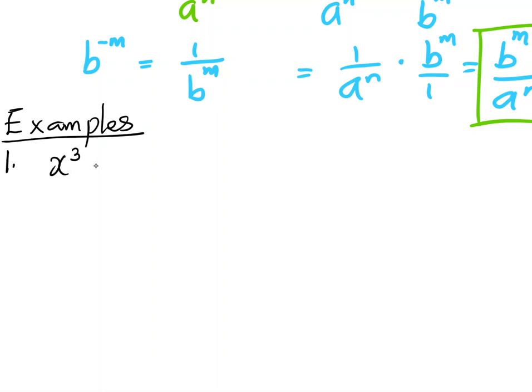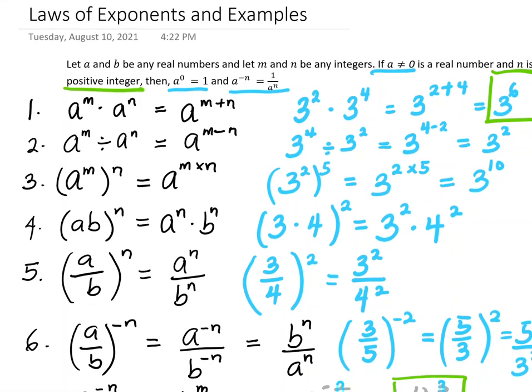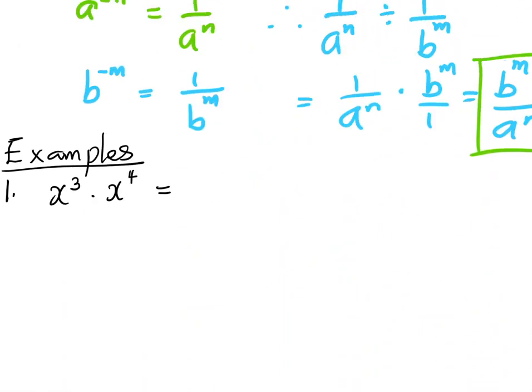Suppose we have x raised to the power of 3 times x raised to the power of 4. Well, we can see that this is exactly like what we do have as our rule number 1. Since we have the same base, x, and it is multiplication, then we pick one of the bases, which is x, then we add the exponents, and that is x raised to power of 7.